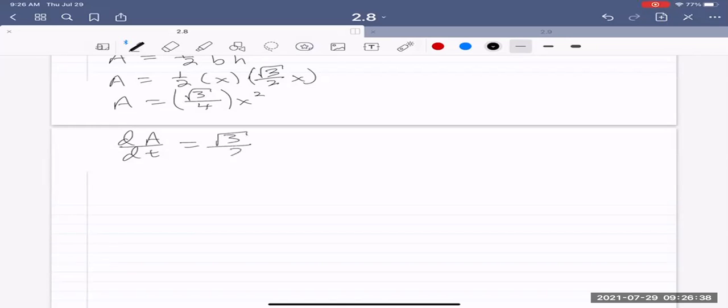So we're at root 3 over 2 x dx/dt. And so dA/dt is root 3 over 2 times x.